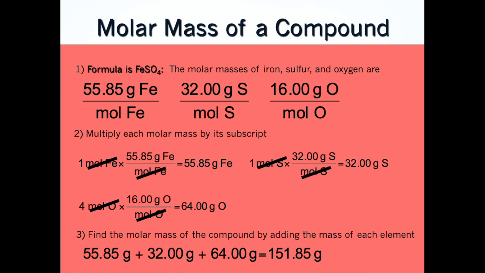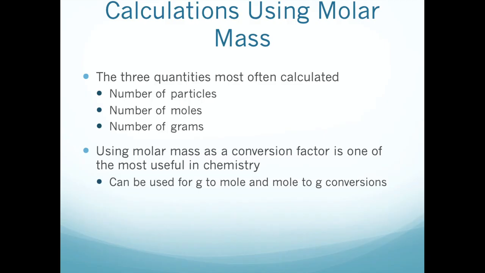So if you weighed out 151.85 grams of iron 2 sulfate, you would know that there are Avogadro's number of formula units in there. Just to sum up what we're trying to do here, because this is the bulk of the types of conversions you're going to see, I really recommend practicing converting between these units.